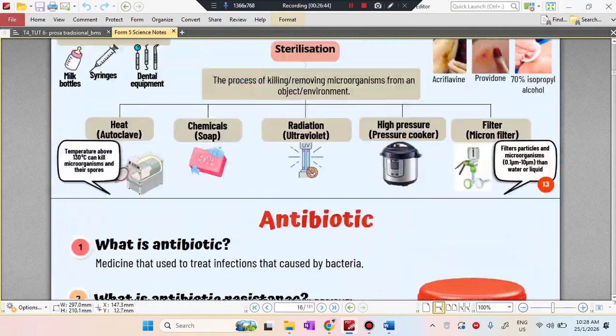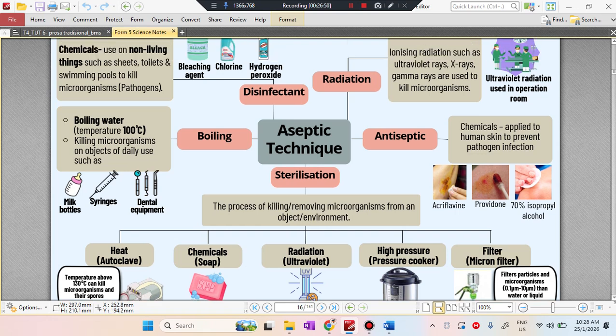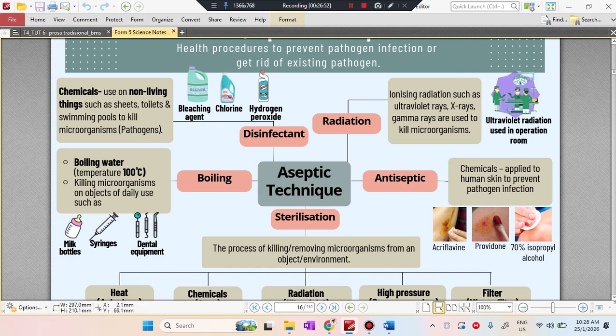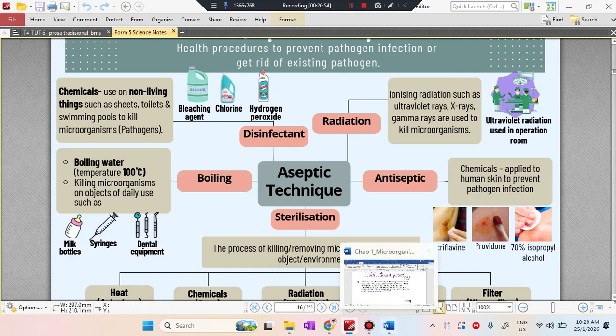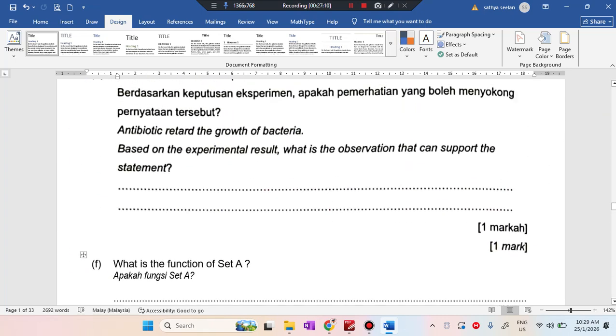Aseptic technique, we will use antiseptic for human skin. Disinfectant for the toilet, washroom. So use an antiseptic. Enough. Okay, next one.